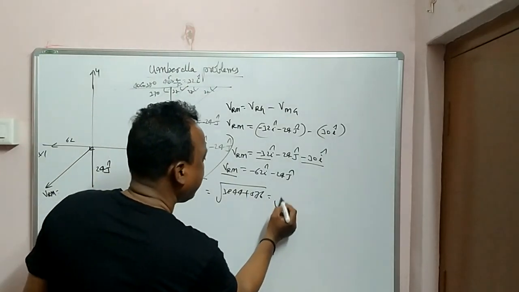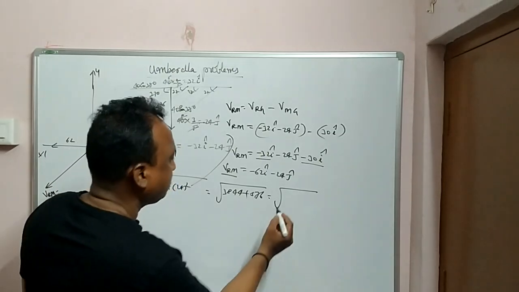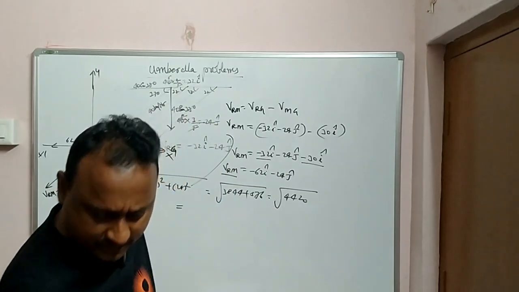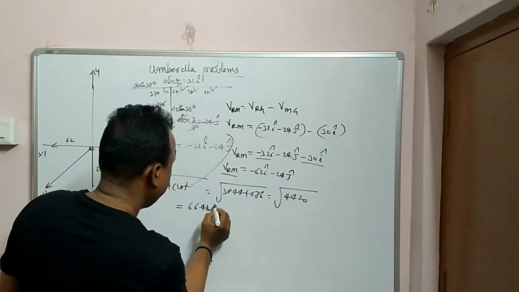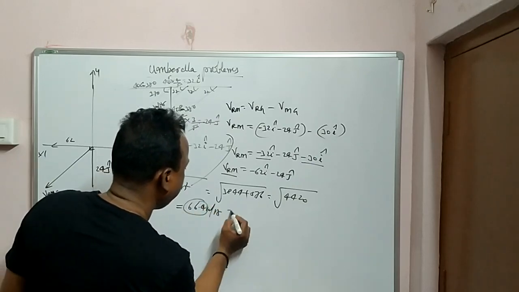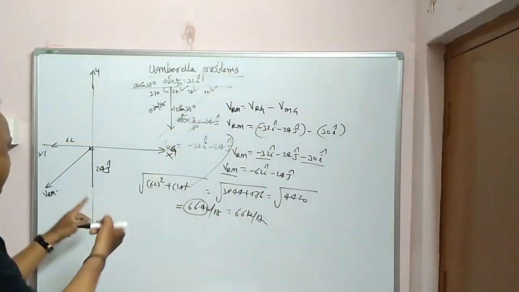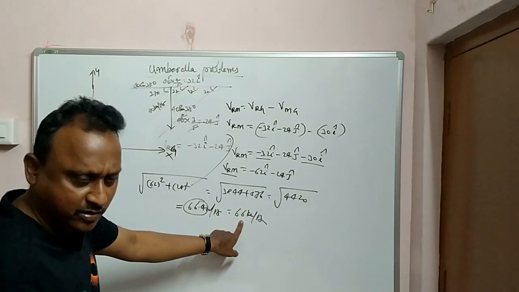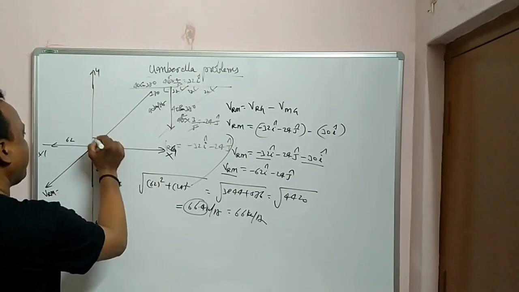So finally you get root over roughly 4420, and the nearest answer is almost 66.4 kilometers per hour. I can round it off to 66 kilometers per hour. That means the velocity of rain with respect to man is 66 kilometers per hour in this direction. So in this direction, how do we hold the umbrella?